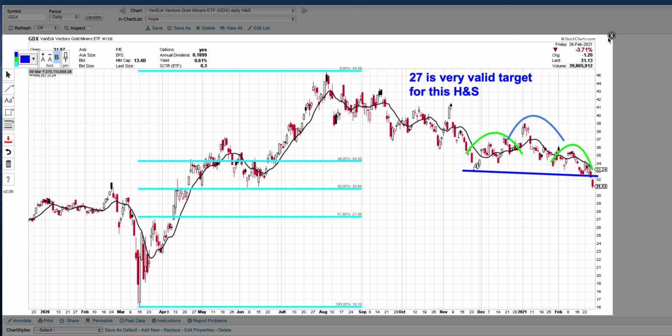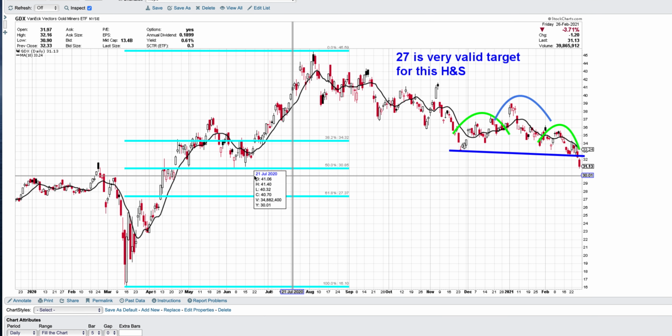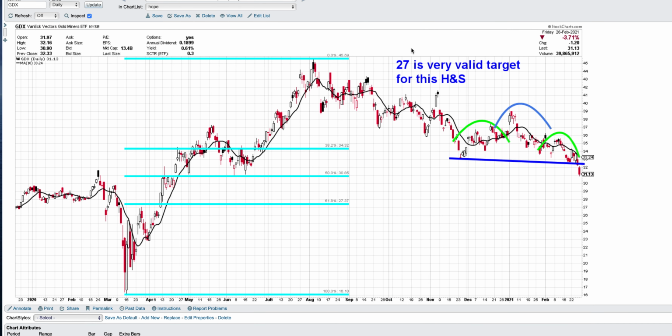Okay, yes, all right. So this is the projection right here, 27, and it is definitely a 62% Fibonacci retracement from this low to this high. This is how we roll here, y'all. Okay, I think it's extremely possible to hit this number. Good deal.